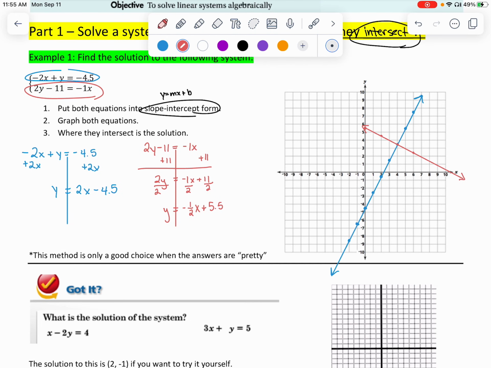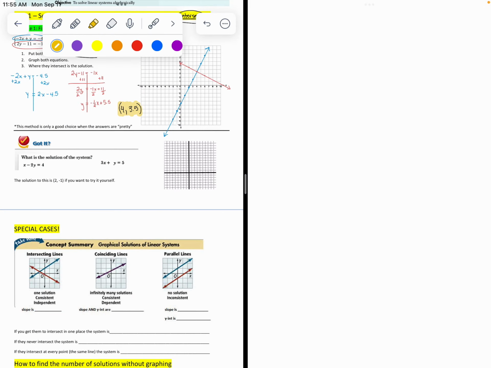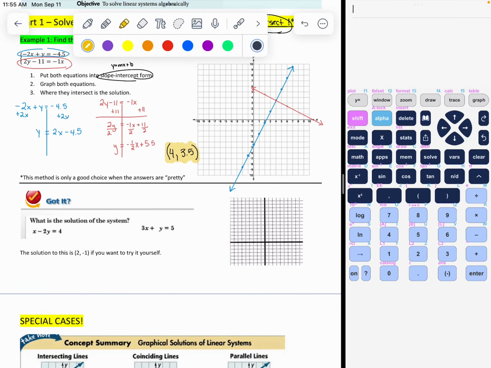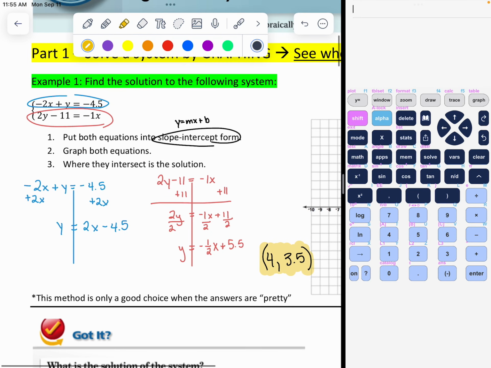So my solution is over 4 and up 3.5. I believe in showing you how that's the answer. So if you're catching up with me, go ahead and keep graphing, see where they cross, or put me on pause, or put me on a slowdown. You can do that. And I want you to see why (4, 3.5) is the answer.